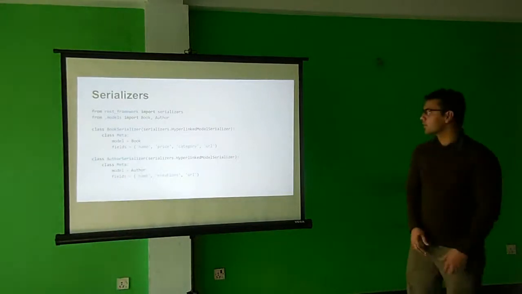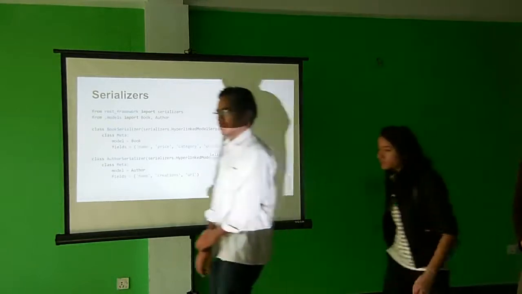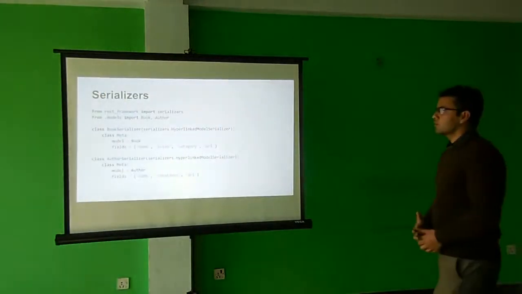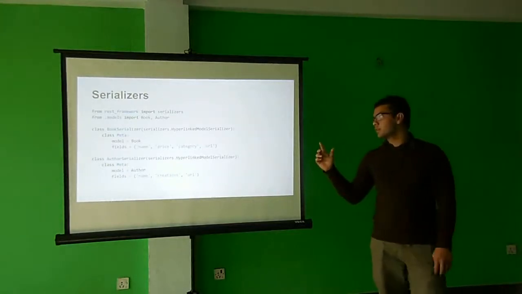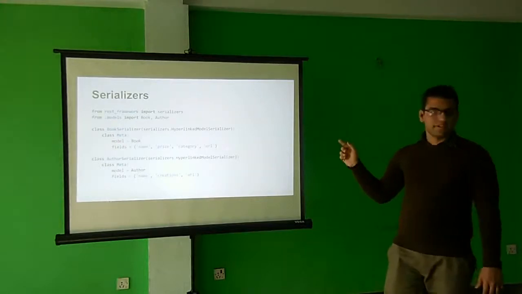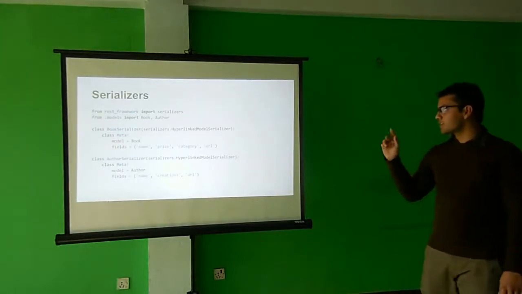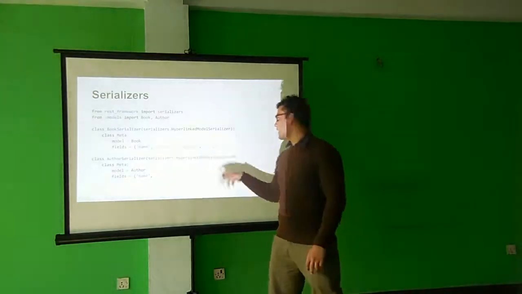Here is a basic example of serializers. In this sample application, I have created two classes, book and author. The class book contains these fields: name, price, category, and URL.